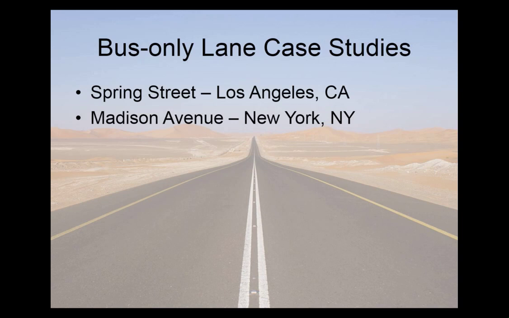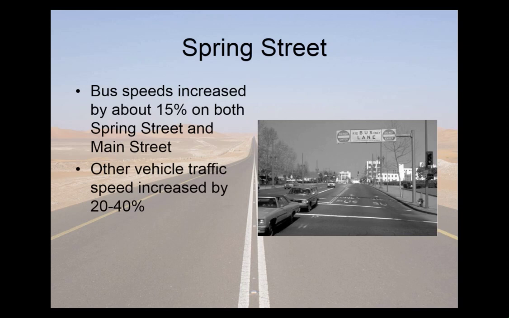A couple of case studies I looked at and which I thought were especially useful are Spring Street in Los Angeles and Madison Avenue in New York. Spring Street has a contraflow bus-only lane implemented in the 1980s.